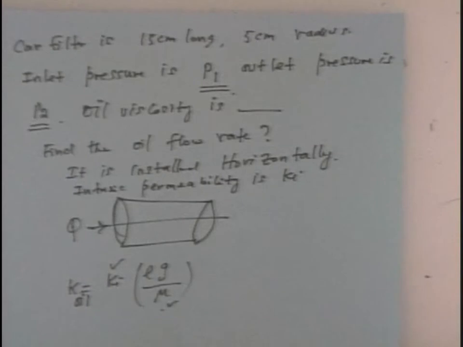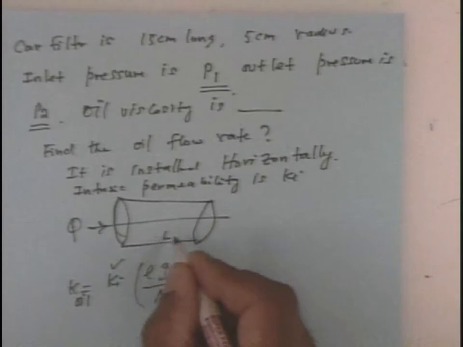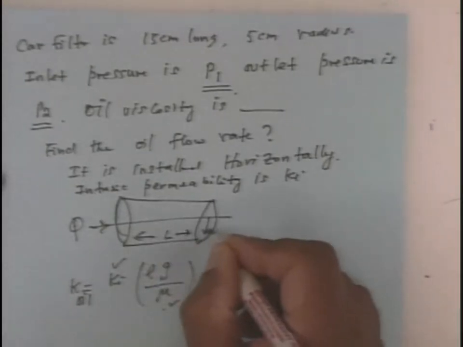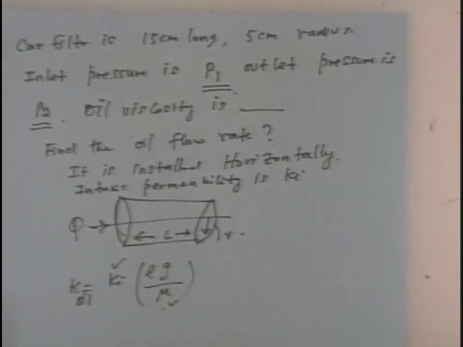It's no more a hydraulic conductivity problem. But once you do that, it's a simple problem. I've given you the length and the radius. You should be able to find a flow rate. It's the same problem. Obviously, for a real problem, I'll think it through better and give you all the information, but I'm just giving you a few situations. So these are all horizontal flow approximations using Darcy's law.